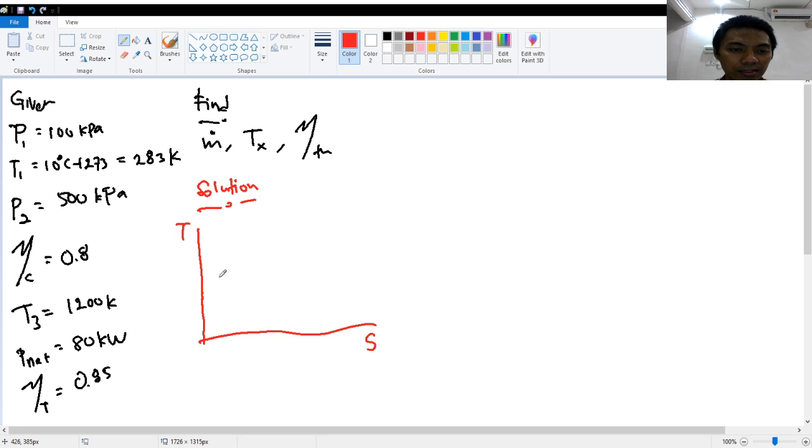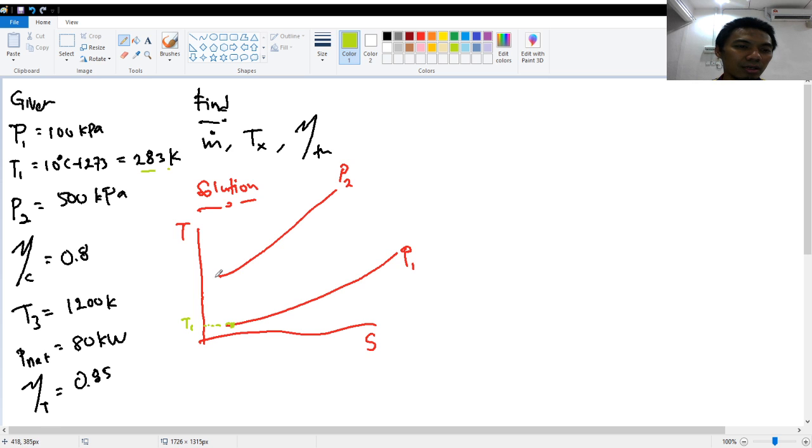So let's say like this. This is your pressure line. Okay, this is P1, this is P2. Good. So this is where your temperature 1 came from, T1. Whereas your T1 is 283 K, right?